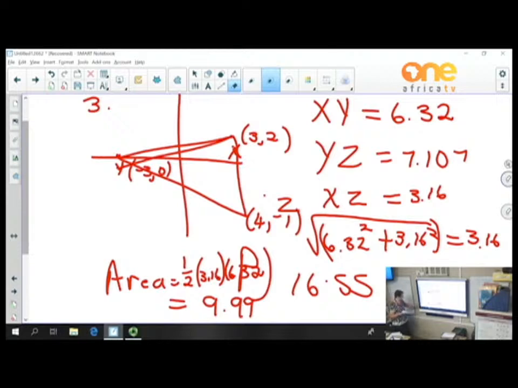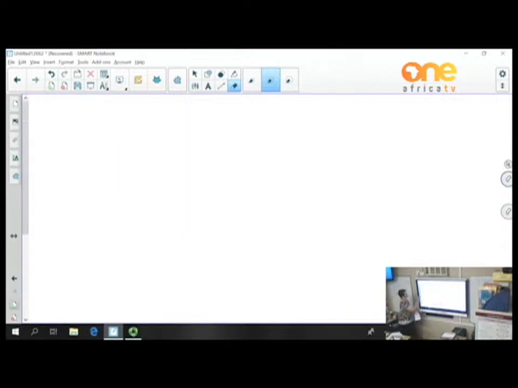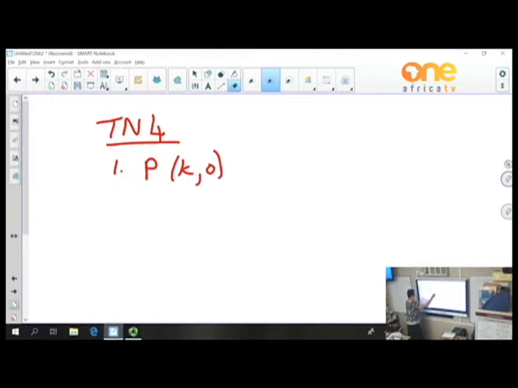Right, now, let's look at try now 4. So it's still coordinate geometry, and we're still just looking for that first one. We're going to do the second formula today. The distance between, okay, let's look at number 1. The distance between P, which is the point K, 0, and Q, which is the point 0, K, is equal to 10.